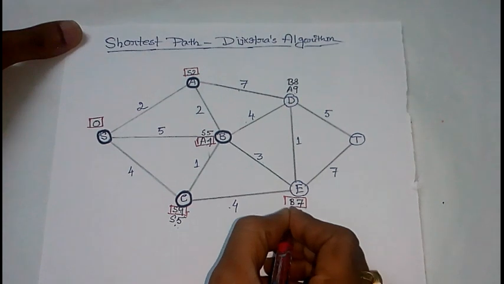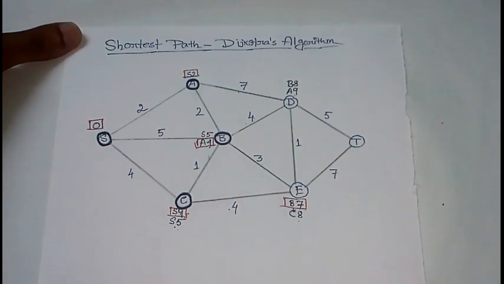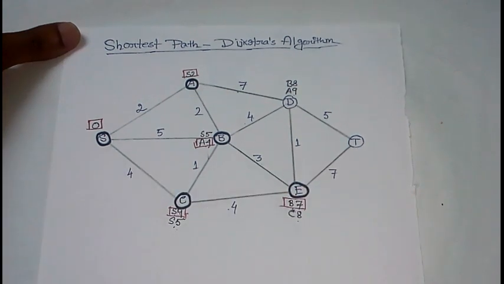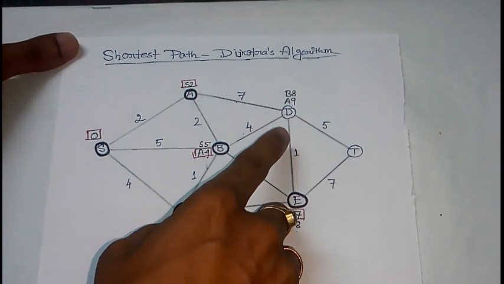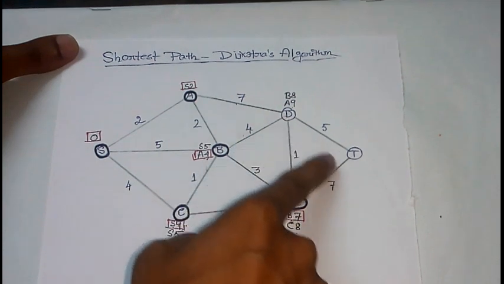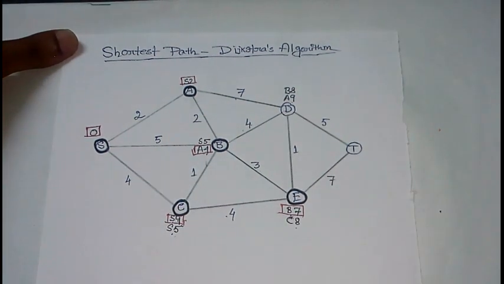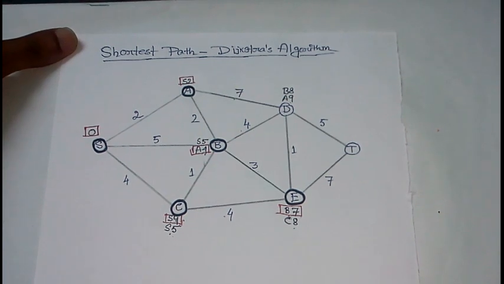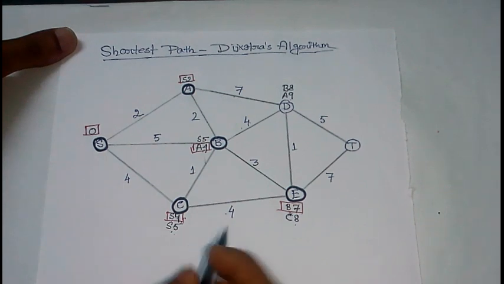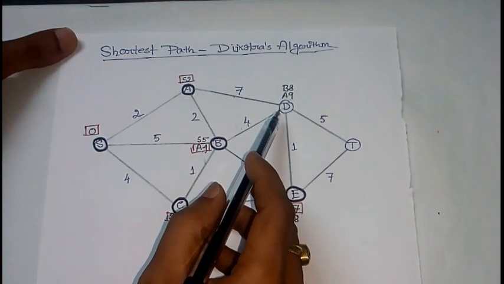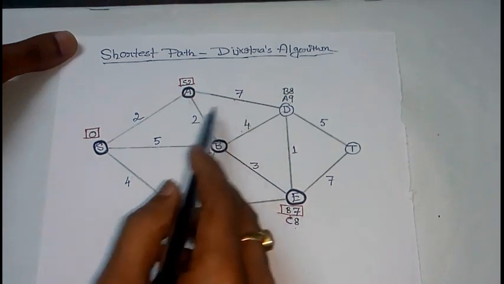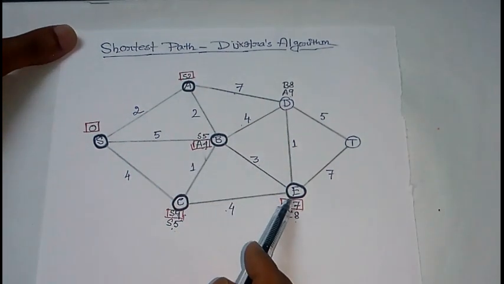So this will be the permanent label of E. That means we are selecting this vertex E. So only 2 vertices are left, D and T. So we shall find the distances of these 2 vertices from the adjacent vertices which are already selected. Now consider D. Now there are 3 paths from S to D. One is via A, one is via B, and one is via E.